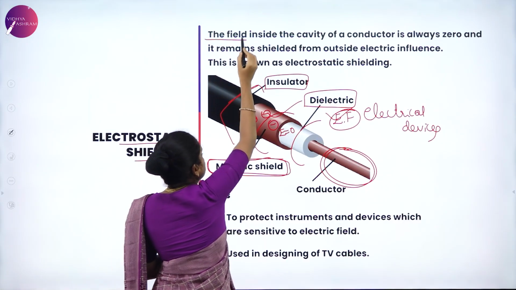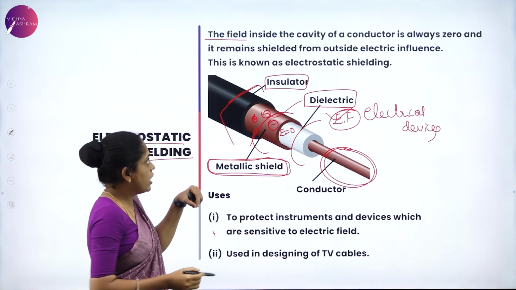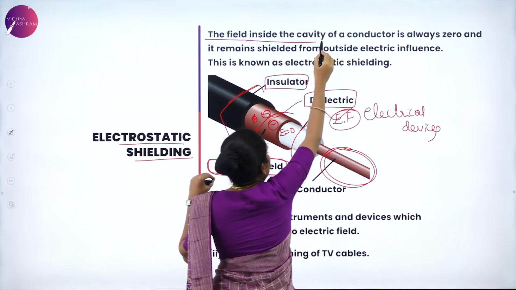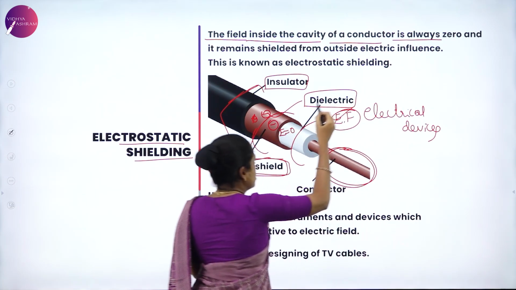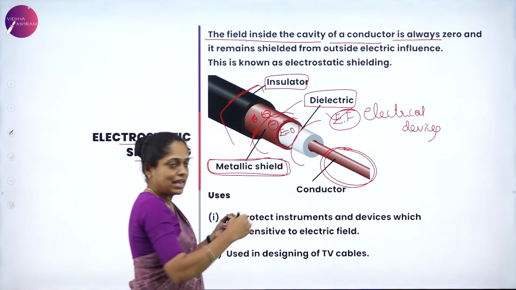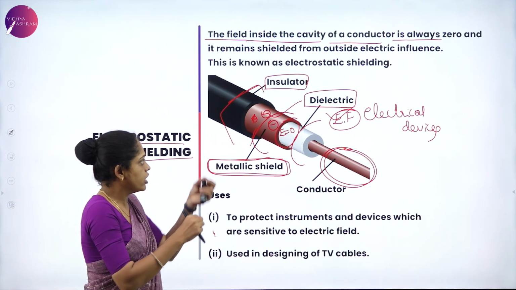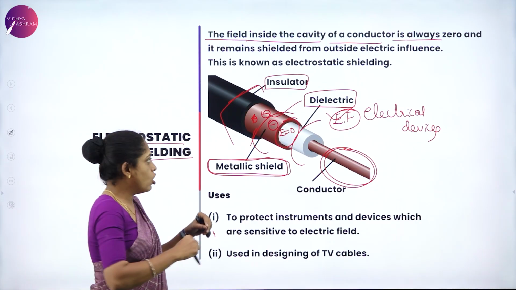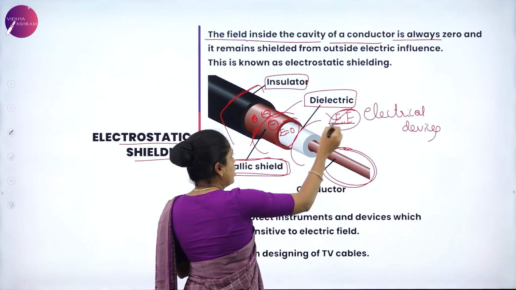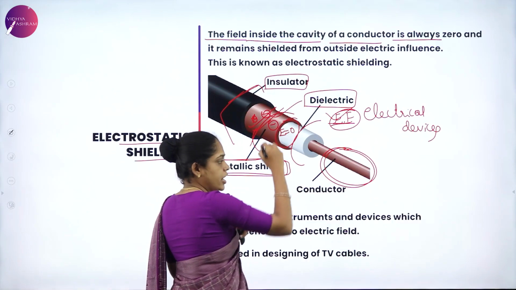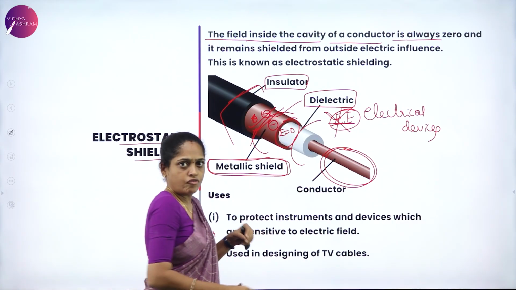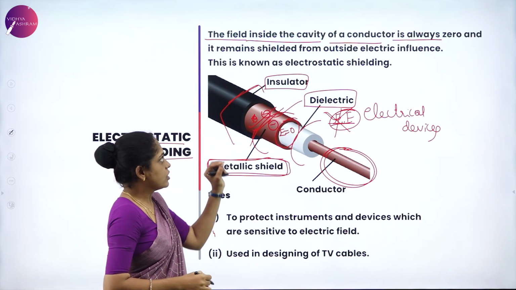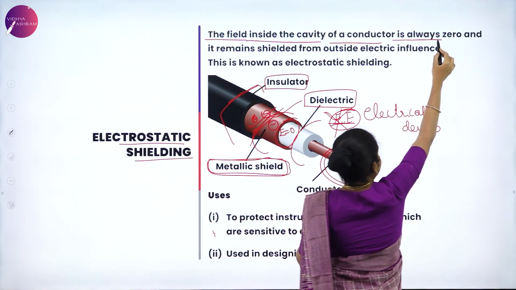So, what is electrostatic shielding? The field inside the cavity of the conductor is always 0, as in this metallic shield, the electric field is 0. Because of the external electric field, the charges rearrange themselves and cancel out this external field, making the electric field inside 0.